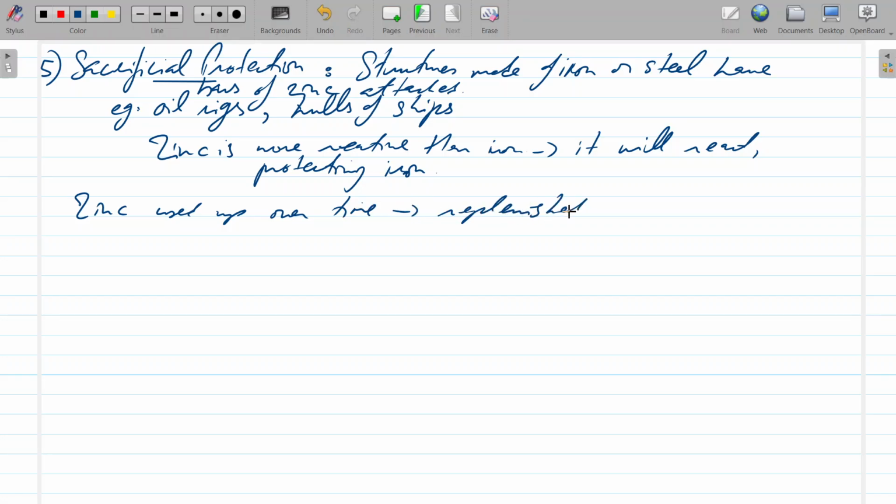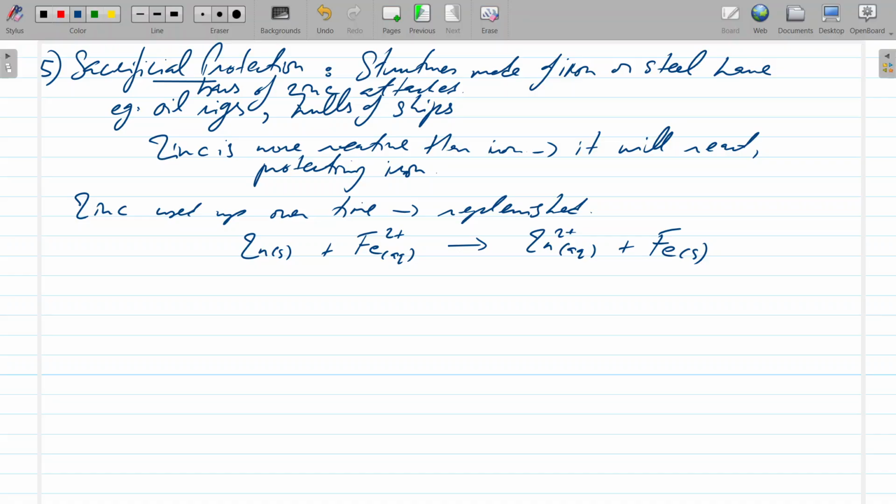So we need to add new zinc. The ionic equation for that is Zn plus solid iron, which may be rusting. Zinc is going to be the one that's reacting and keeping iron as it is, as a solid.